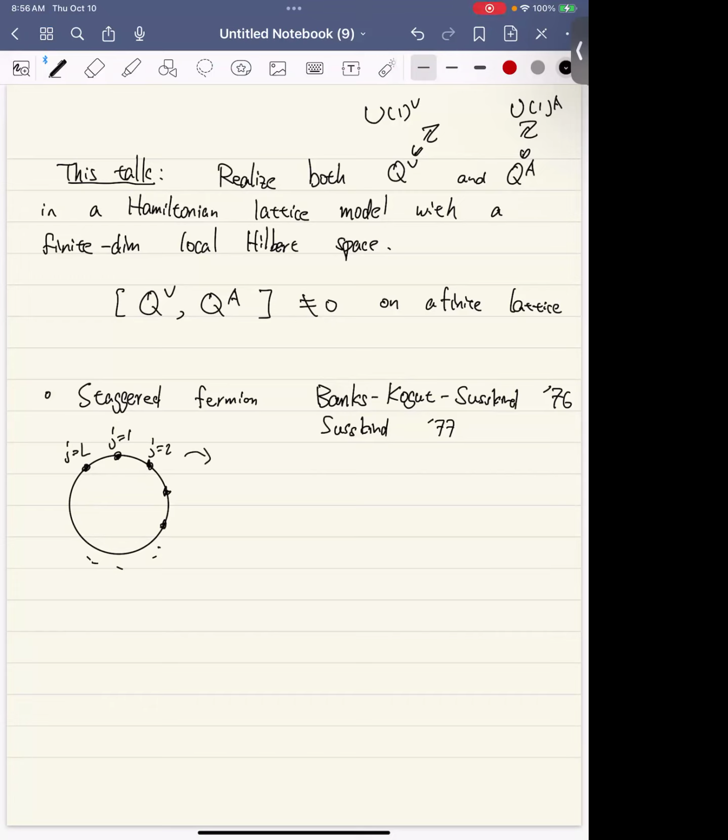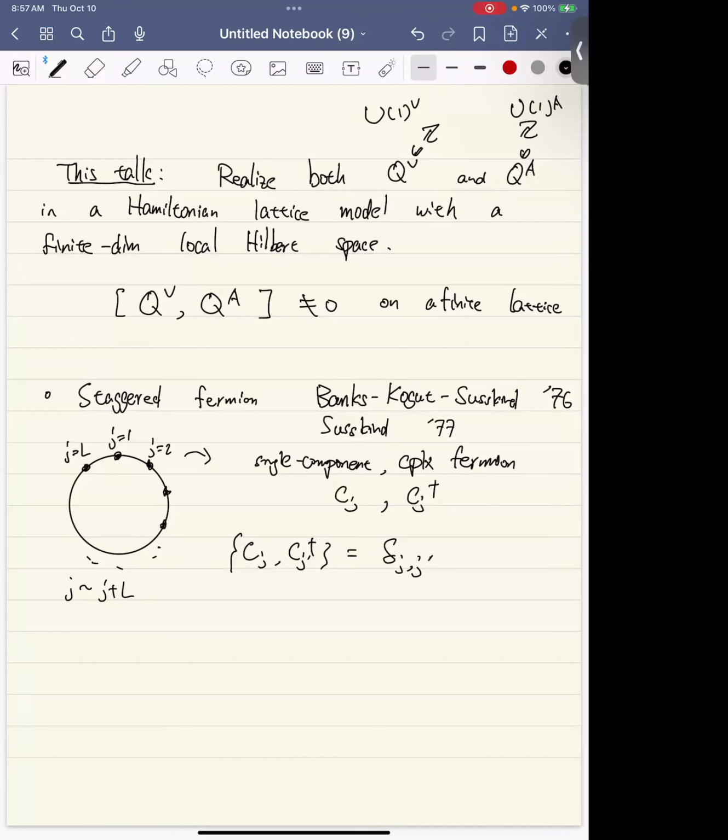And on every site, I have a single component complex fermion c_j, together with its dagger. And they obey the standard anti-commutation relations: c's anti-commute, c dagger's anti-commute. And I'm going to impose a periodic boundary condition.